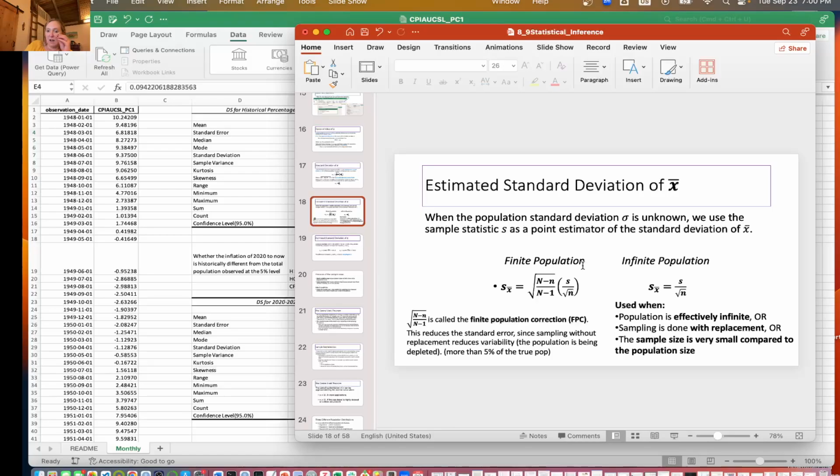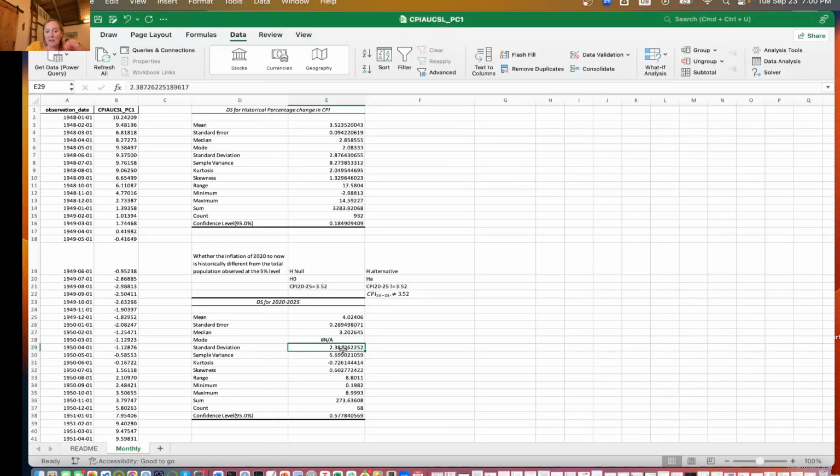So we are estimating with the infinite population estimator. It's taking the standard deviation, dividing by the square root of the number of observations minus 1, 68 minus 1, which would be 67, and then calculating the standard error. So as the count of observations goes up, the standard error goes down.